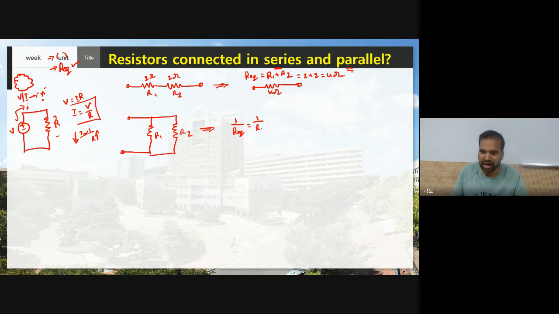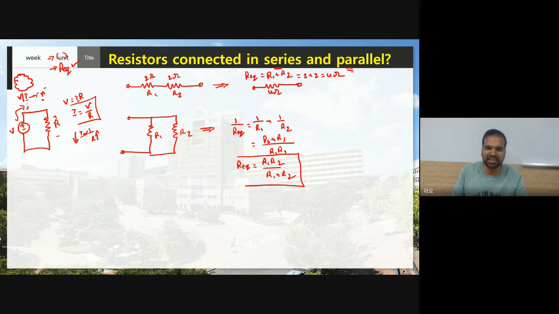To find R equivalent, first do the LCM, which is R1 times R2. Then you get R2 plus R1 over R1 R2. We don't want 1 by R equivalent, we want just R equivalent, so the denominator goes to the numerator and the numerator to the denominator. R equivalent equals R1 R2 by R1 plus R2. So this is the formula when elements are connected in parallel: R1 into R2 by R1 plus R2.